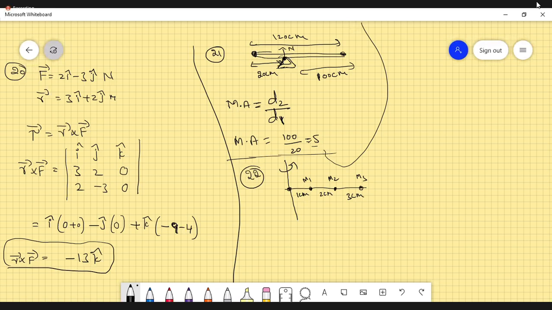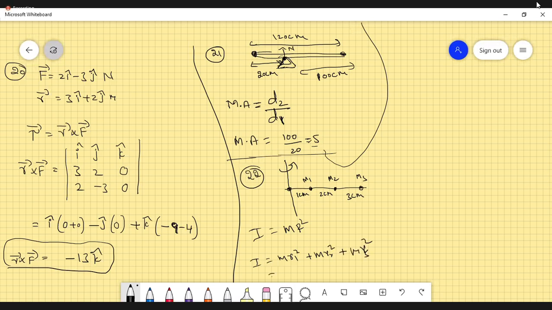Usually for a single particle you can write I equals m r square or m k square. R or k both are the radius of gyration. This is for a system of particles. So for total moment of inertia, I equals m r1 square plus m r2 square plus m r3 square.